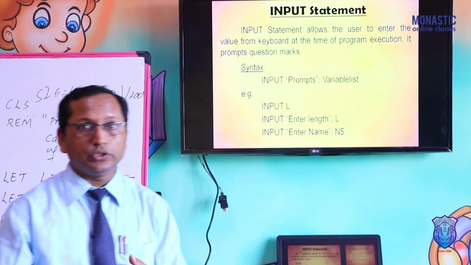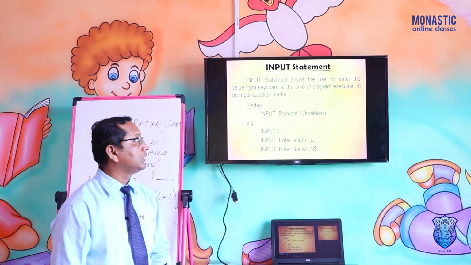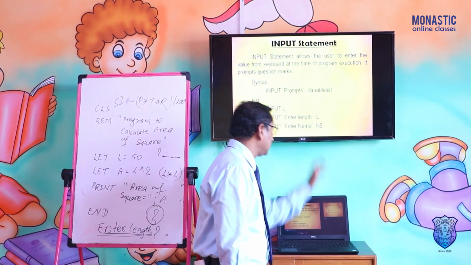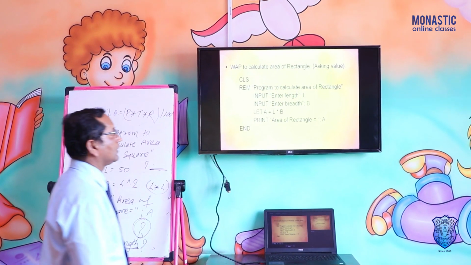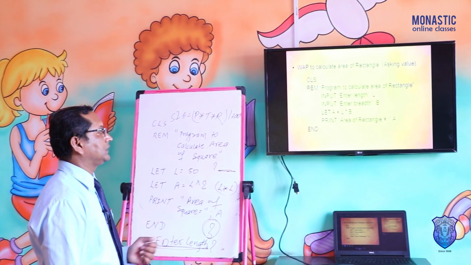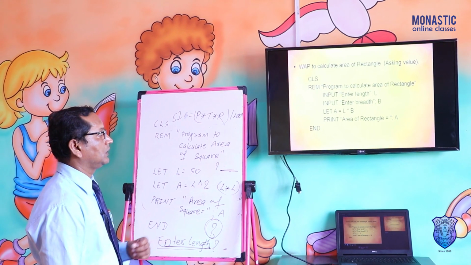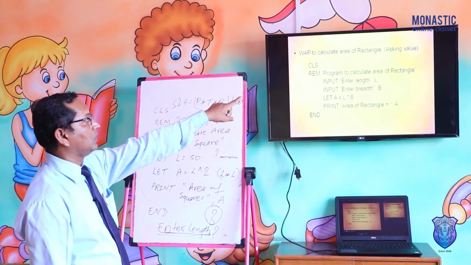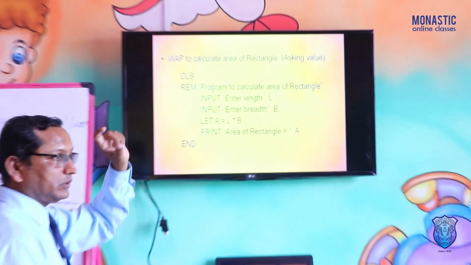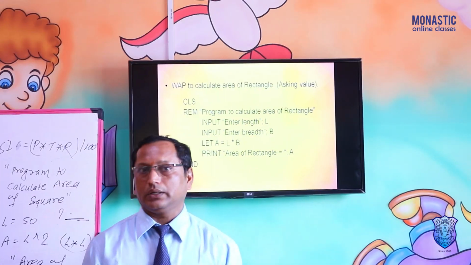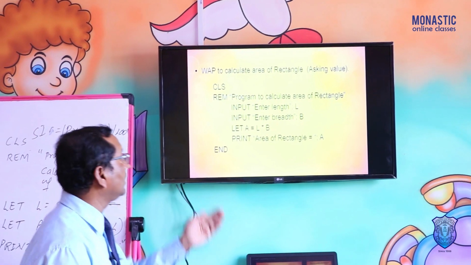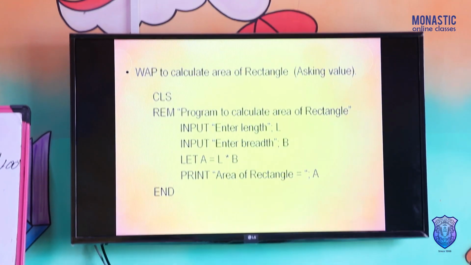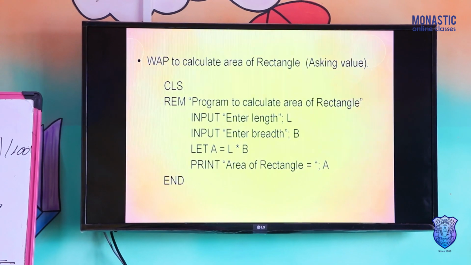Now, how to write the program using the input statements? Let's see the next example. The previous two examples you have seen used assigning a value. Here the question is written for asking the value. But I told you that in the question the value will not be given. Here only this is given: we have to calculate the area of a rectangle.